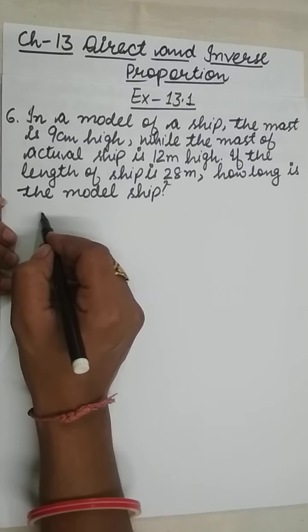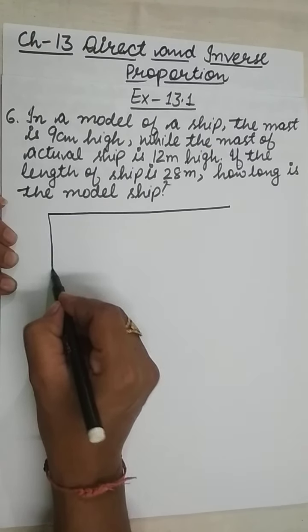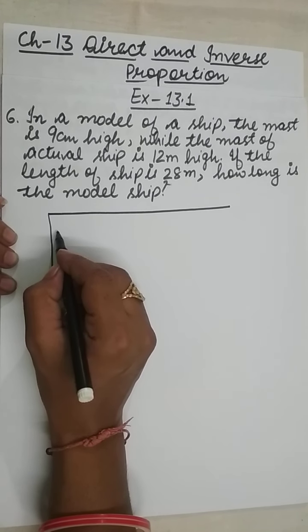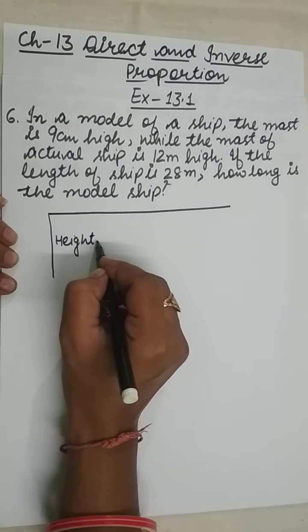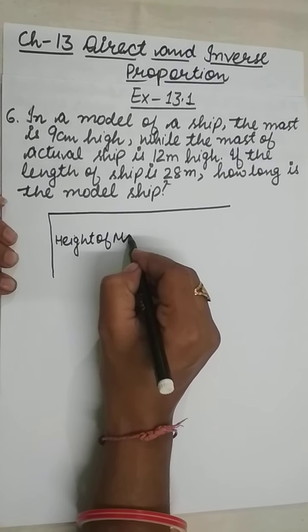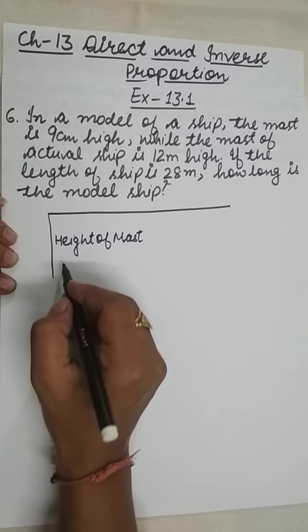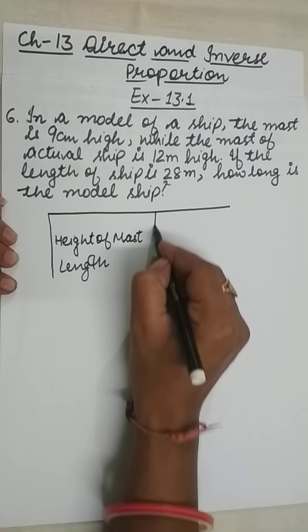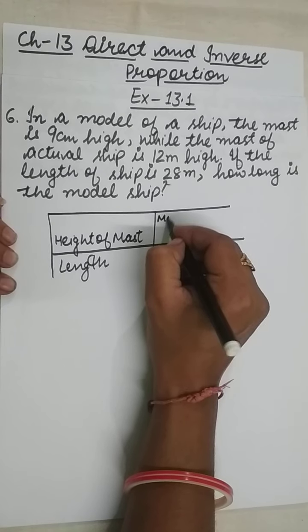Now here firstly we will make the table. This is the height of mast and the length. Now here I would write for the model ship.